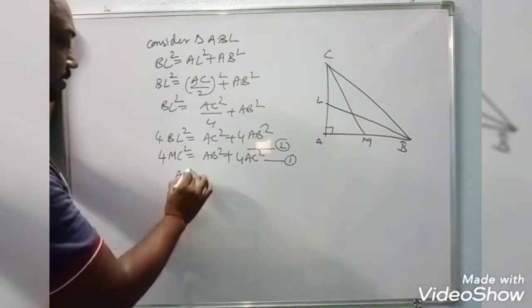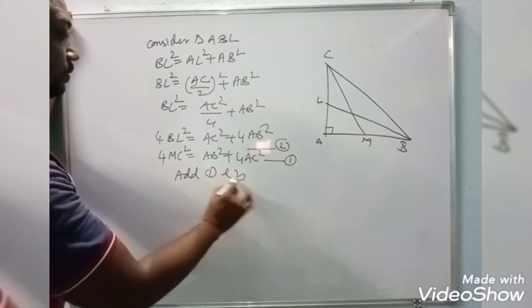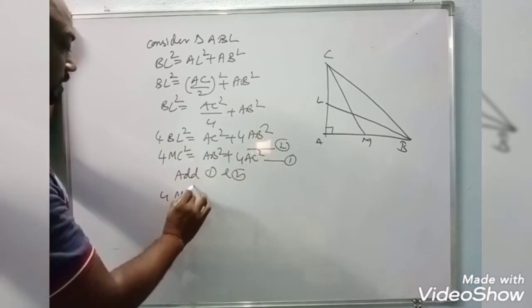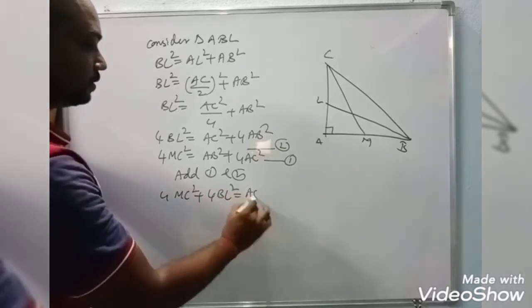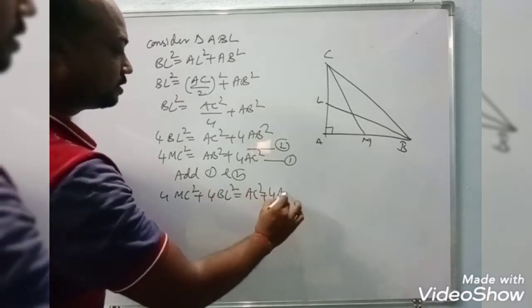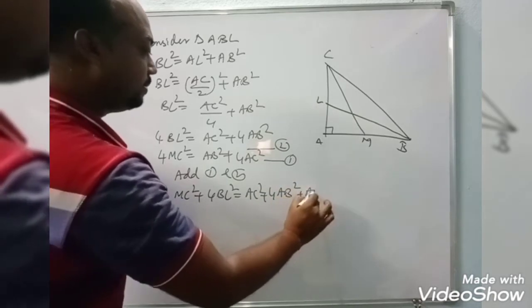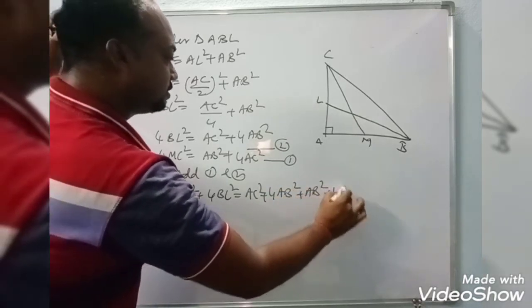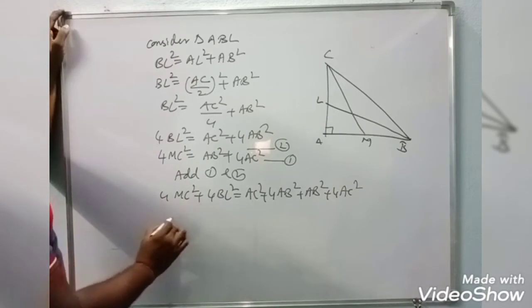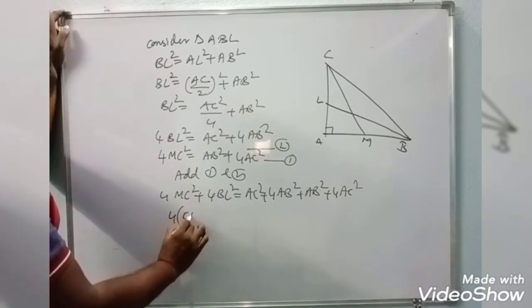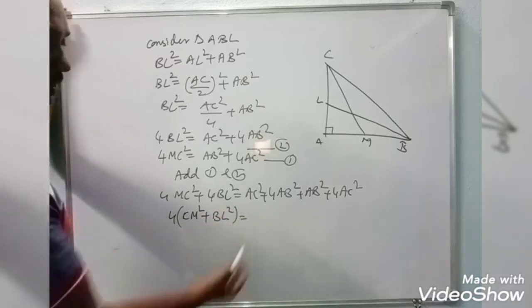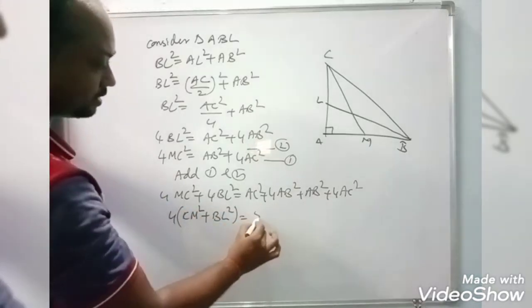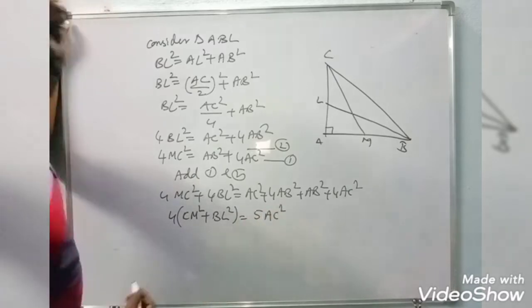So now if I add 1 and 2, you'll get 4 times MC square plus 4 times BL square is equal to AC square plus 4 times AB square plus AB square plus 4 times AC square. So I can take common 4, that is CM square plus BL square is equal to AC square plus 4AC square, which is nothing but 5 times AC square.